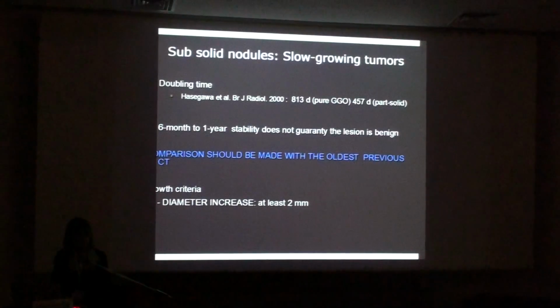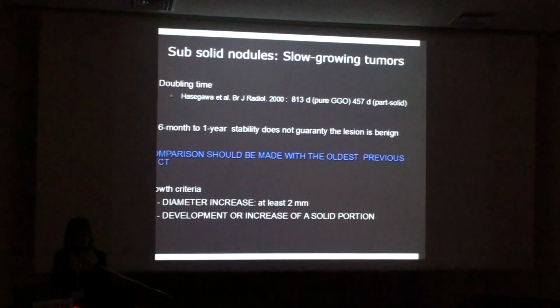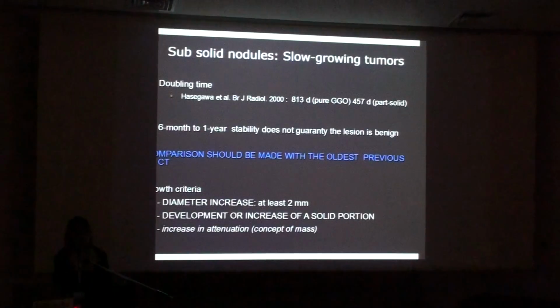It should be a diameter increase of at least 2 millimeters, or the development or increase of a solid portion in a previously pure ground glass nodule. There are also radiologists that use the concept of mass, which is the attenuation multiplied by the volume, but we need to have dedicated software to evaluate the mass.